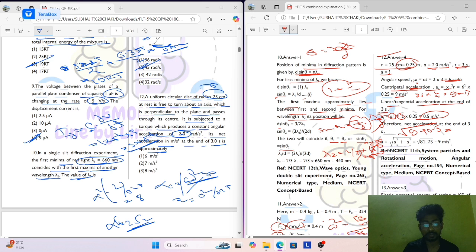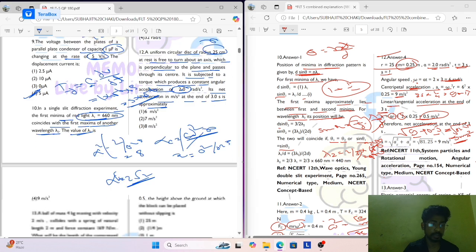So from that you can calculate: 81 plus 0.25 means 81.25, which is almost equal to 9.9 meter per second square. So therefore, I think option number 4 will be our correct option here.